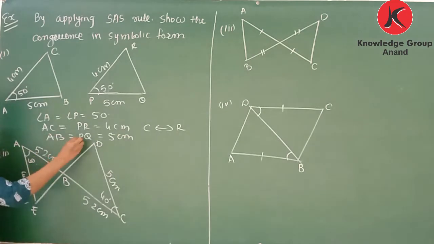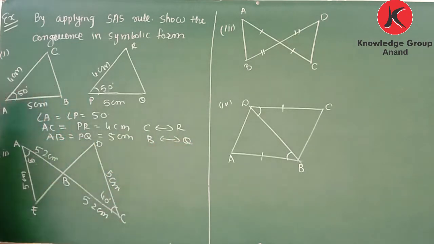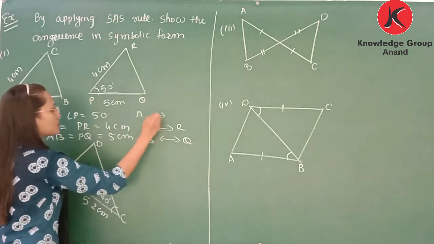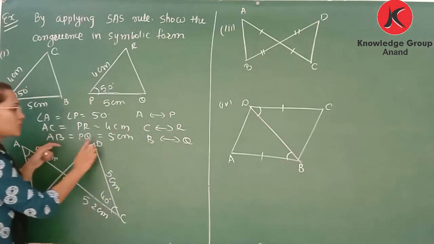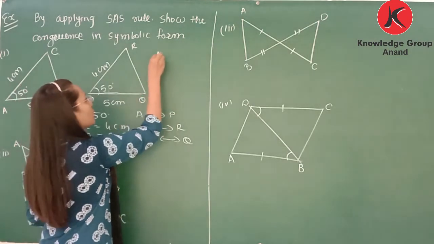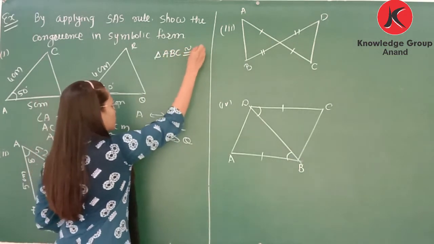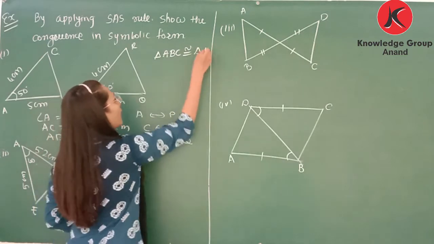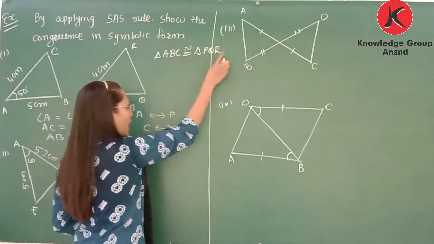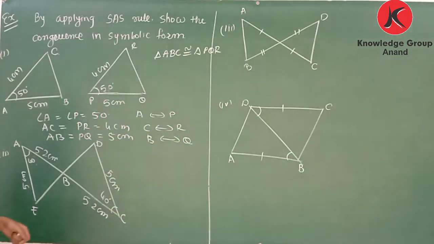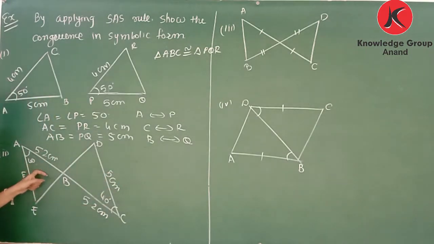We already saw that A is equal to P, so B corresponds to Q. Now we get all the correspondences. A corresponds to P, C corresponds to R, and the remaining B corresponds to Q. So in symbolic form we can write triangle ABC is congruent to triangle PQR. Clear?